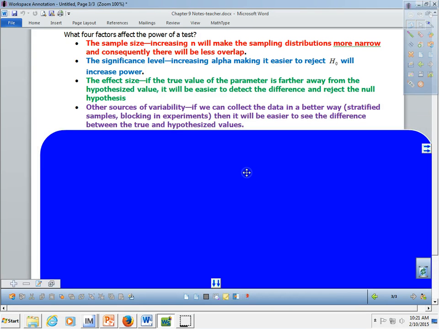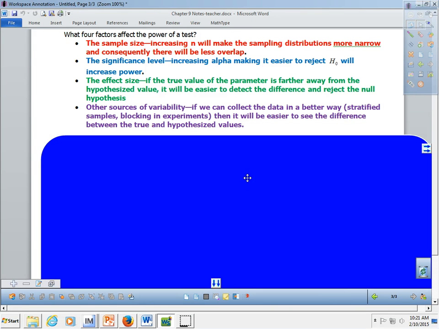Okay? Now, other sources of variability. If we can collect data in a better way, right? If we can have a little bit more of an idea of what's going on, maybe a stratified sample, or if we block in experiments, then it will be easier to see the difference between the true and hypothesized values, okay?